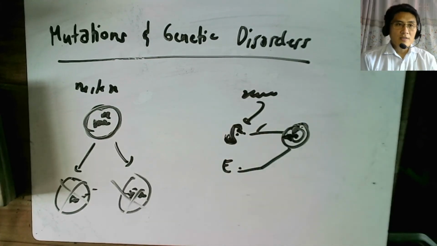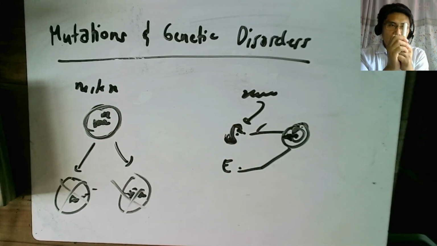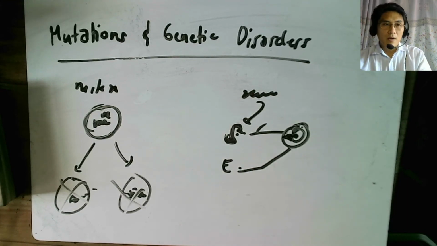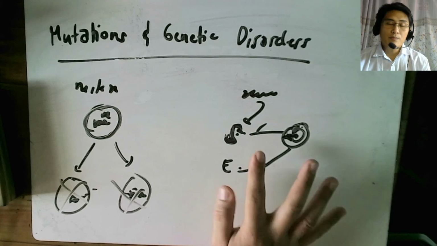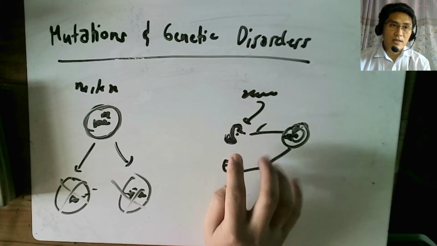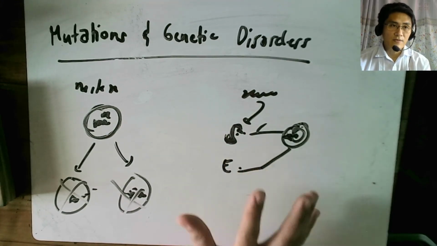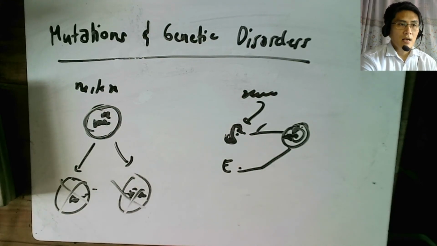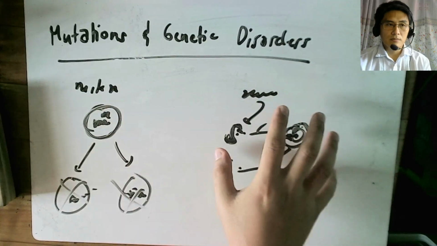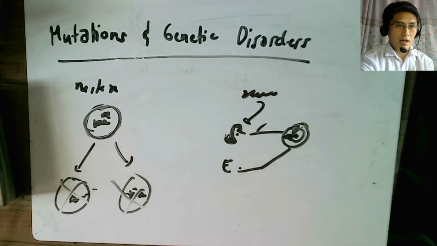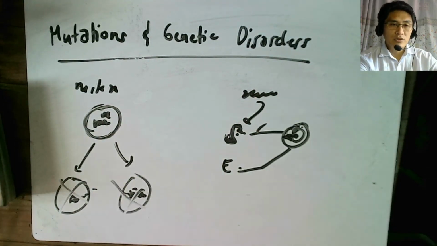Remember, the zygote is the fertilized egg, and that's the one that divides and makes up the body of the baby. So you have a problem there, because if that's defective, then everything becomes defective in that body. That's why mutations in mitosis don't matter as much, but in meiosis it matters a lot because it gets passed on to the next generation.